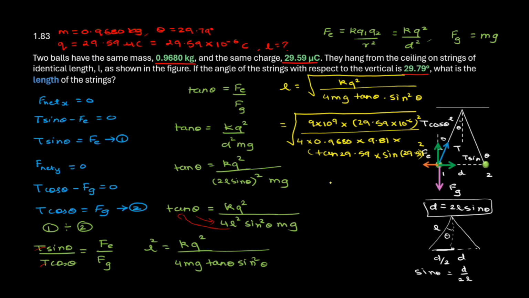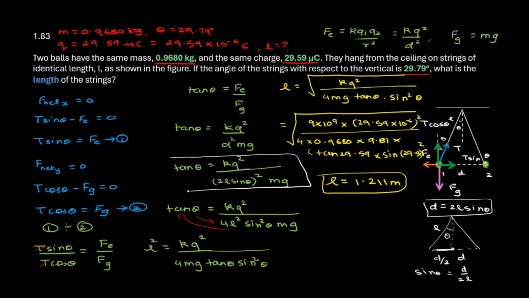Solve, and you should get the length of the string to be equal to 1.211 meter. Now you can use shift solve directly at this point and get the same answer if you do not wish to rearrange the terms.